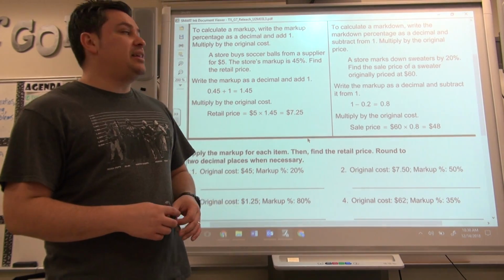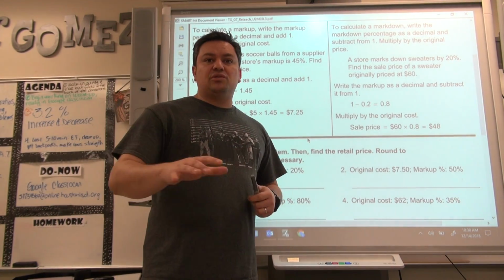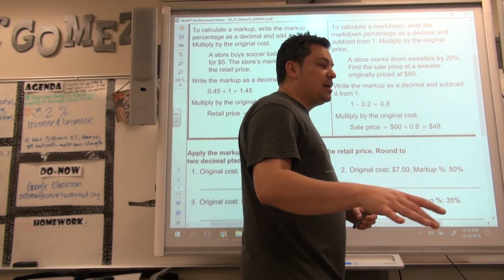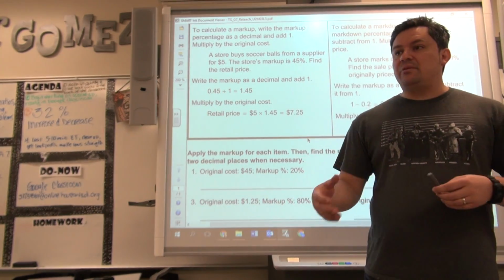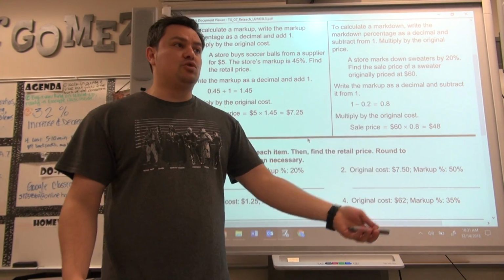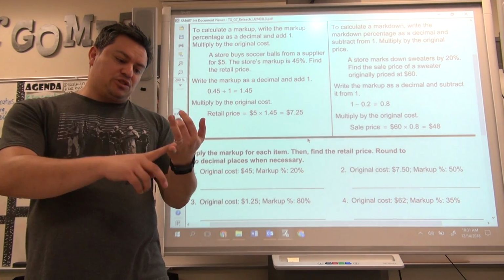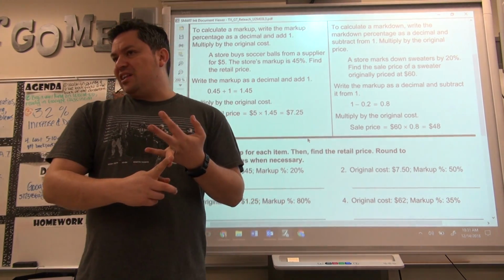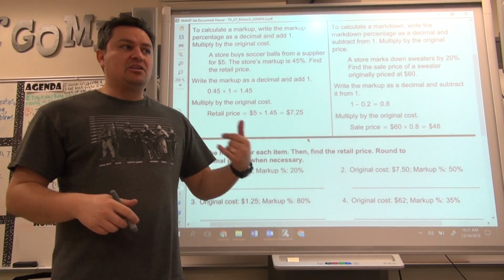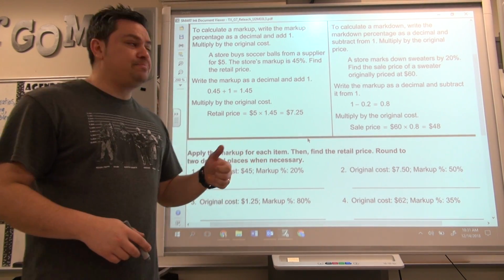Adidas sells the balls for $5 to Academy. But if Academy sells them to you for $5, they're not gonna make any money. They're actually gonna lose money because Academy also has to pay for employees, electricity, taxes, all this sort of stuff. So that's why they do what is called a markup.